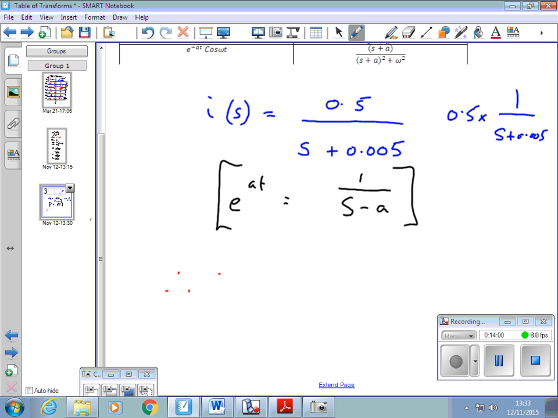I can separate that out. And so we have 0.5 times 1 over s plus 0.005 equals 0.5 e to the minus 0.005 t.